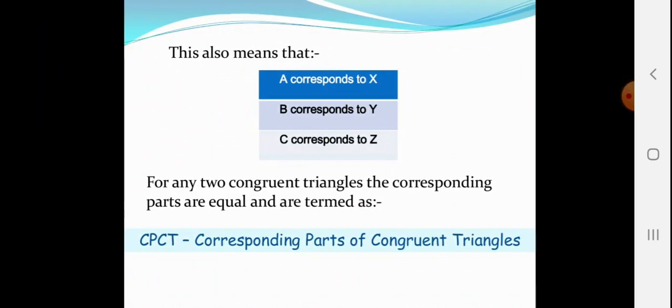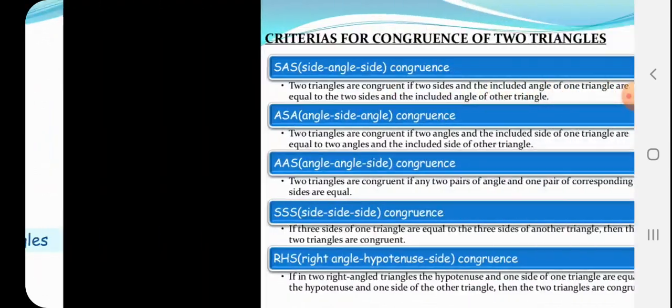This also means that A corresponds to X, B corresponds to Y, C corresponds to Z. For any two congruent triangles, the corresponding parts are equal and are termed as CPCT. I'll write it in short when I go with the textbook exercise, that is, corresponding parts of congruent triangles.